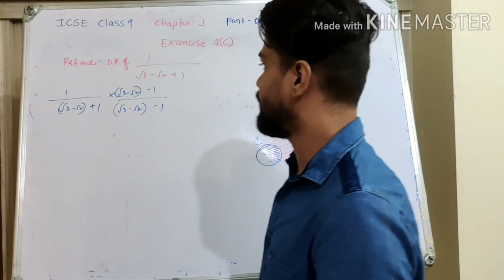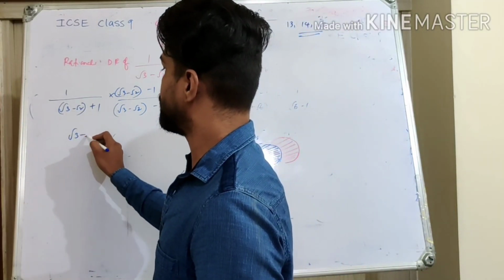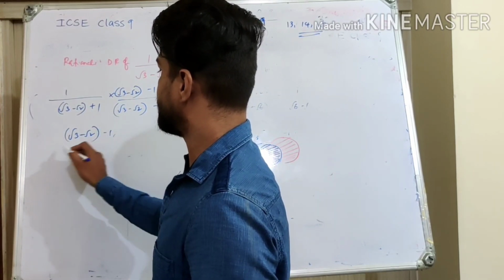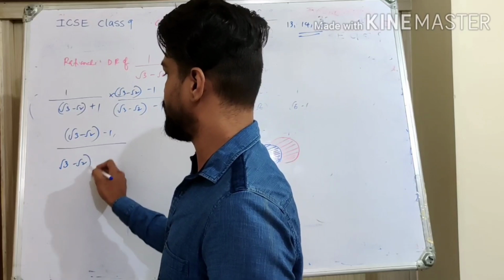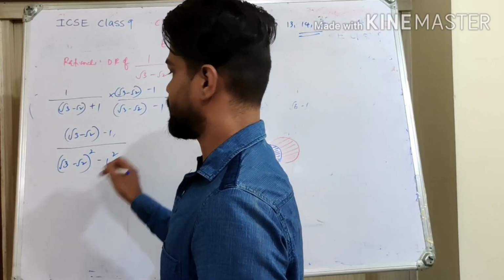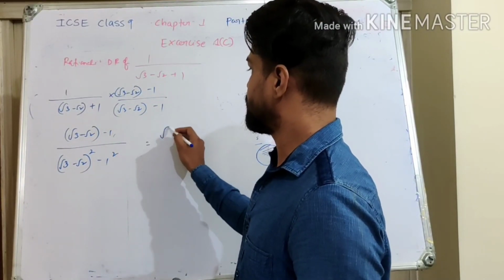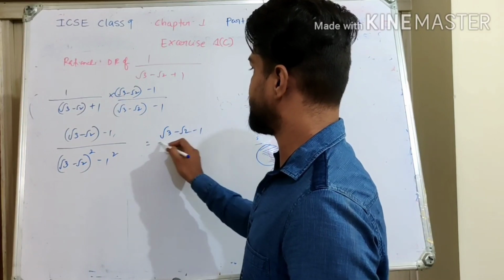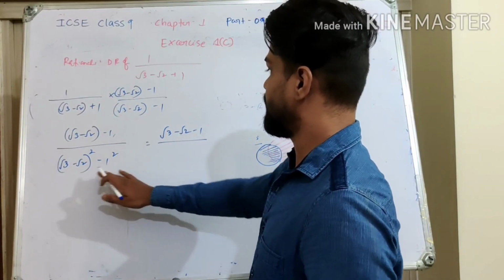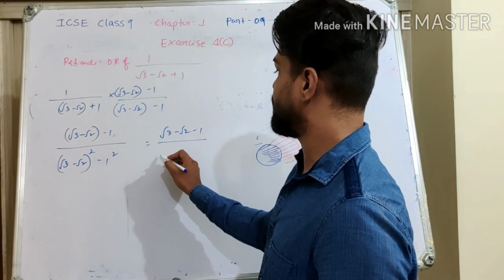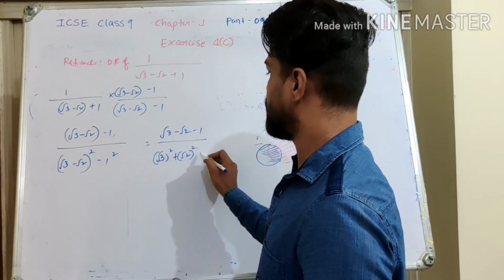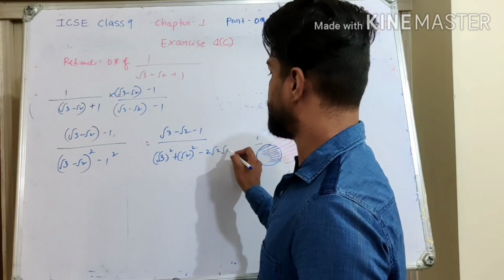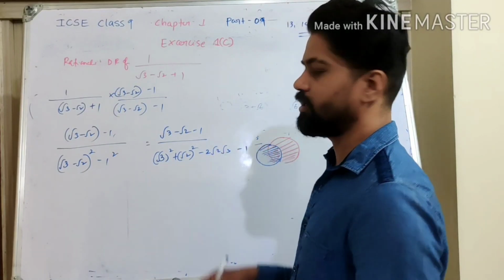When you multiply and divide, what happens is numerator is root 3 minus root 2 minus 1, denominator is root 3 minus root 2 whole square minus 1 square. So a minus b whole square is going to be root 3 whole square plus root 2 whole square minus 2 root 2 into root 3, minus 1.